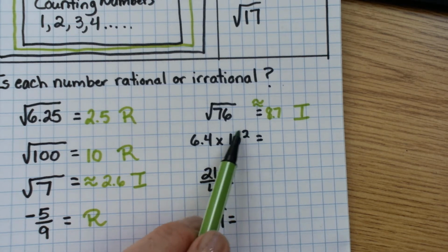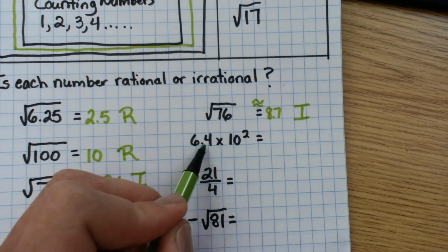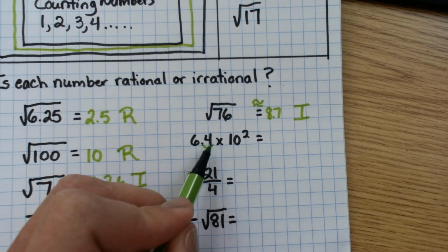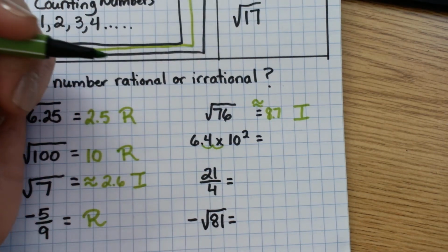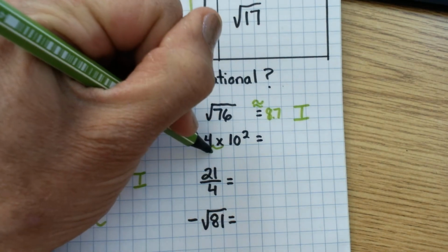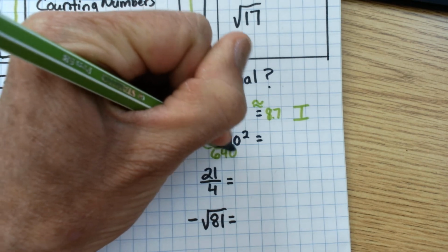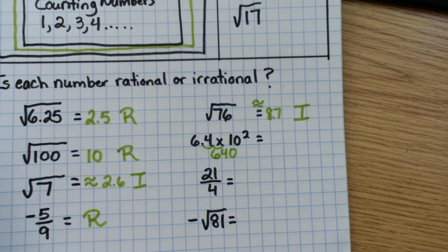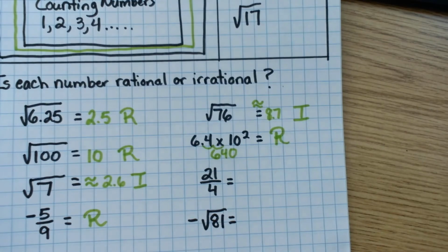This is telling me that I would need to multiply it by 10 twice, or by 100, which would in essence move my decimal over 2 places, which means 6.4 times 10 squared is equivalent to 640, which is a counting number or a whole number or an integer or a rational number.